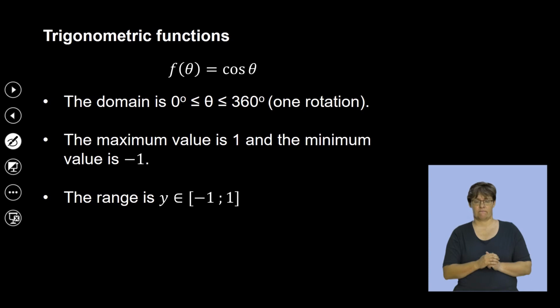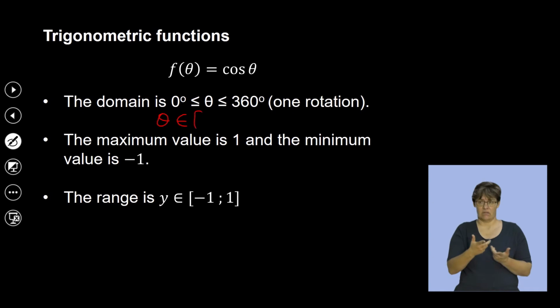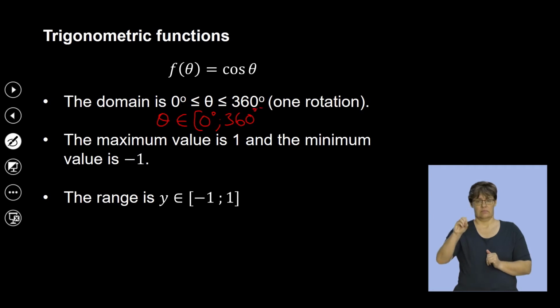Now, the domain of this is between 360 and 0 as well, remember that. And I said we can always write this as theta is an element of 0 degrees in square brackets to 360 degrees in square brackets again. And then the maximum value is 1 and the minimum value is -1.